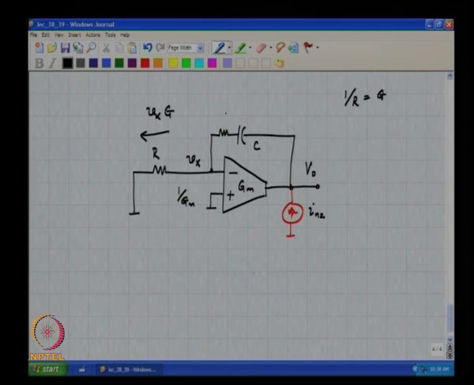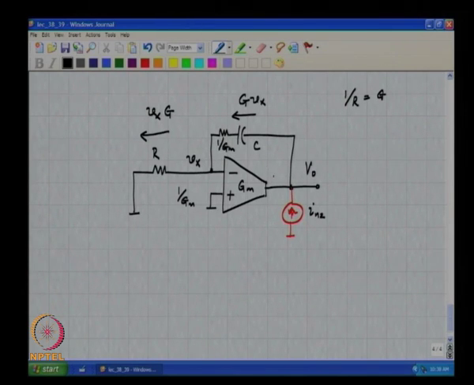So, this current will be the same as that, correct. So, this is Gm, or rather this 1 by Gm, okay. So, this current will be G times Vx.